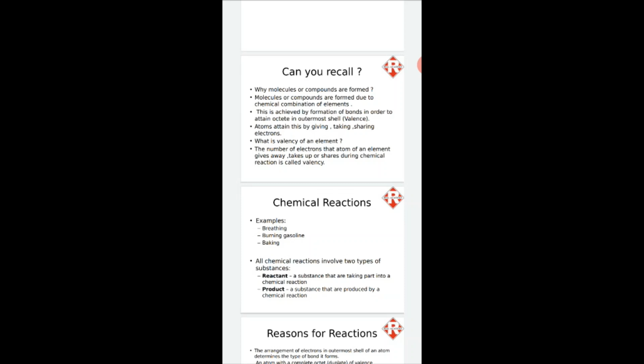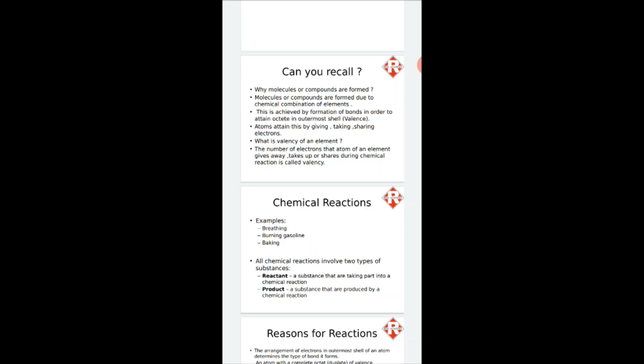So what is the valency of an element? You all know that; you all learned it last year. The number of electrons that atoms of an element give away, take up or share during a chemical reaction is called valency.